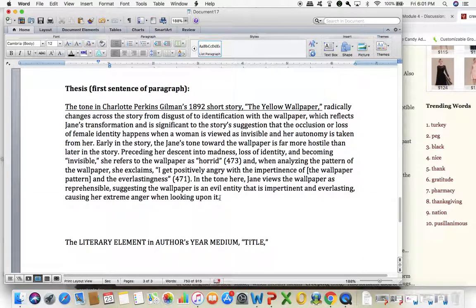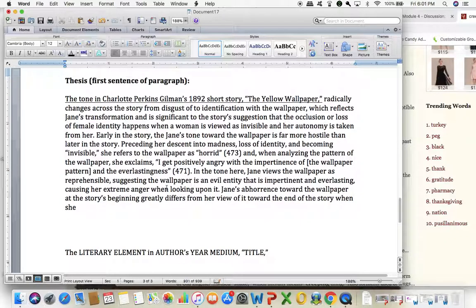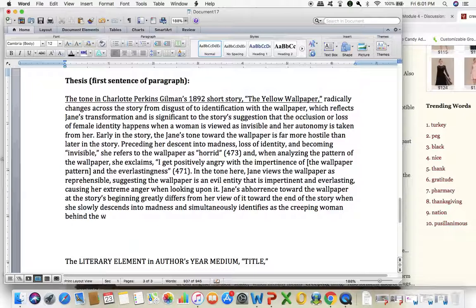But then from there, I would go into, this, or Jane's abhorrence toward the wallpaper at the story's beginning greatly differs from her view of it toward the end of the story, when she slowly descends into madness and simultaneously identifies as the creeping woman behind the wallpaper.